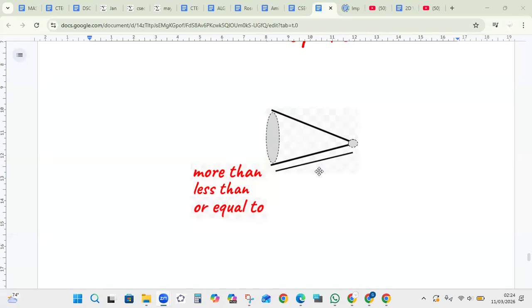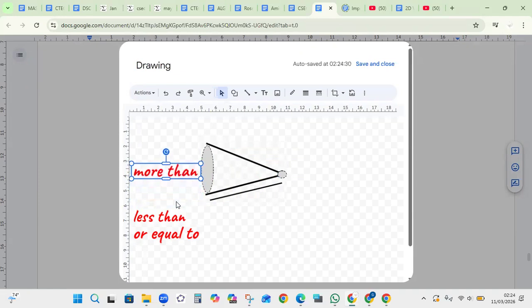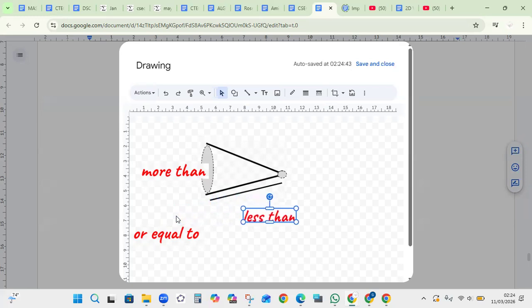So to demonstrate this further, let's do something. You've got the entire symbol. So more than, I will put there. Less than will come by that point, as the labeling of that part of the inequality symbol.